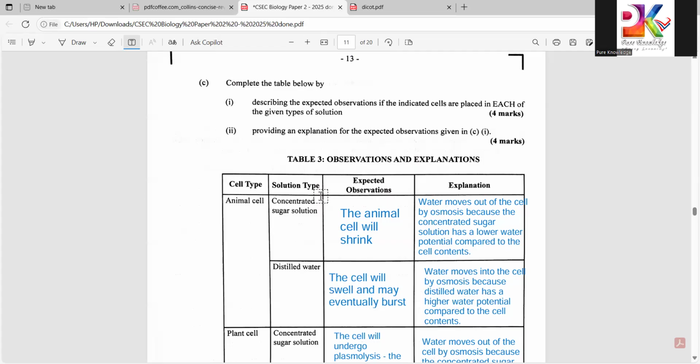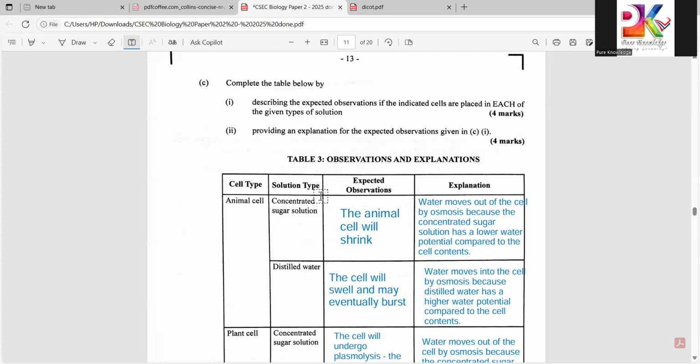Because remember, the cell is 80% water and 20% other minerals. So distilled water would be 100% water, pure water. So it will move from a place of higher concentration, distilled water, to lower concentration inside the cell.